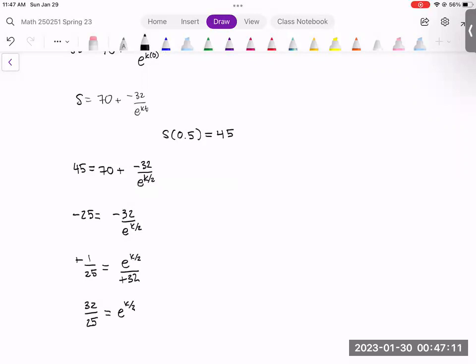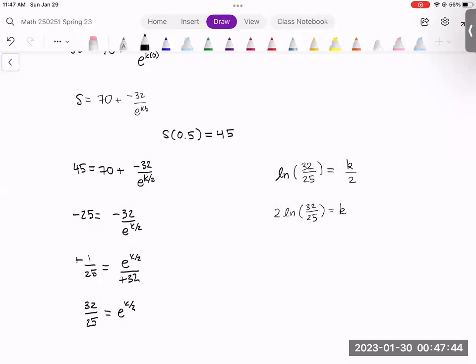And we could undo this exponential by taking the logarithm of both sides. So natural log of 32 over 25 is equal to k over 2. And so we have 2 natural log of 32 over 25 equals k. Now we'll put this into a calculator to find an approximation.